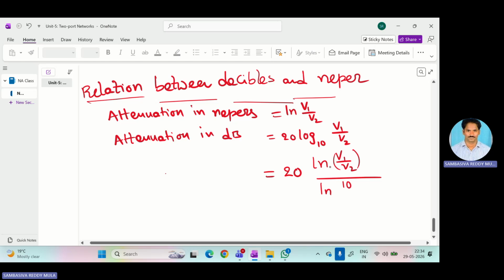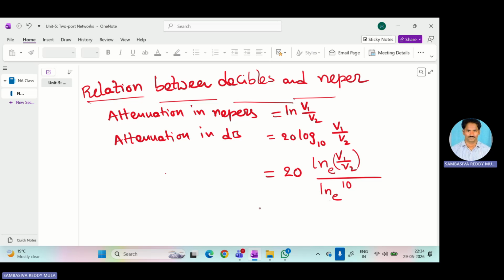In logarithms, it is allowed to change the base: log base e of V1 by V2 divided by log base e of 10 is the same as log base 10 of V1 by V2.